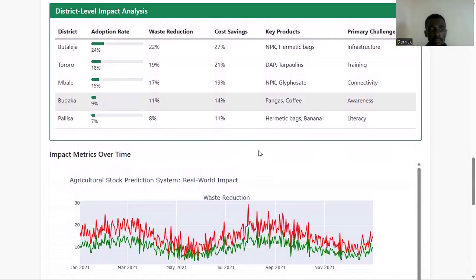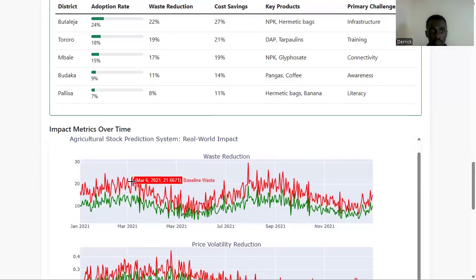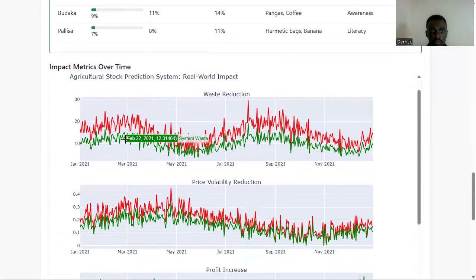Then impact metrics over time, the waste reduction compared to the current waste, which is from our data and current trends. And then we realize once it's integrated how to reduce.